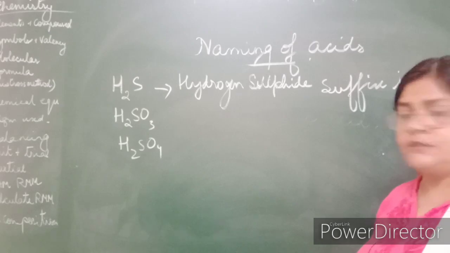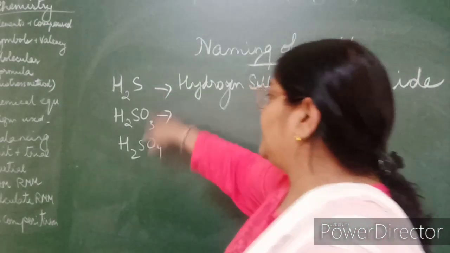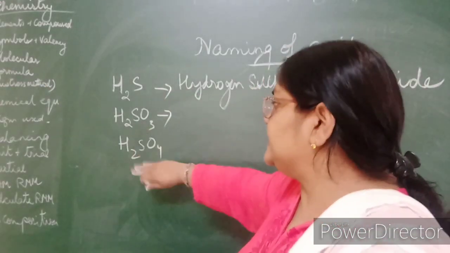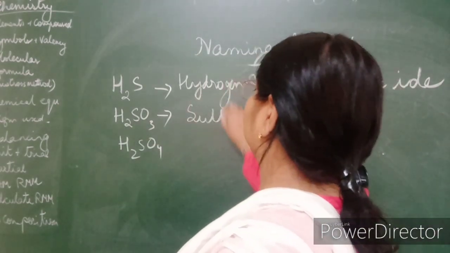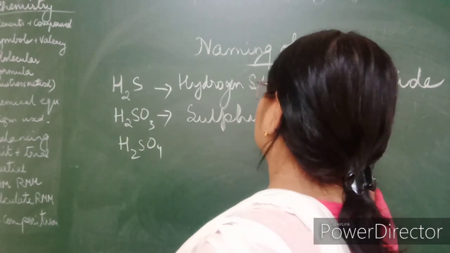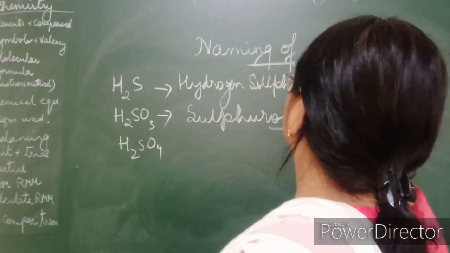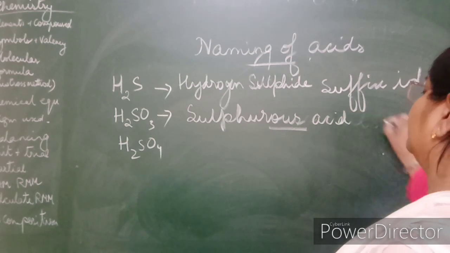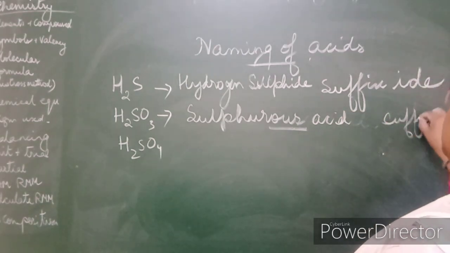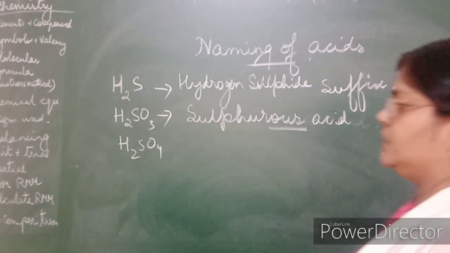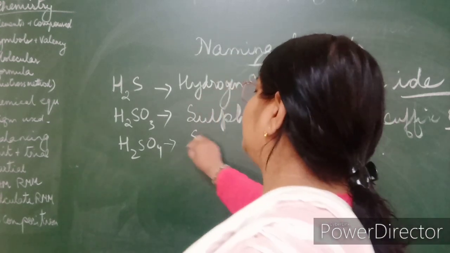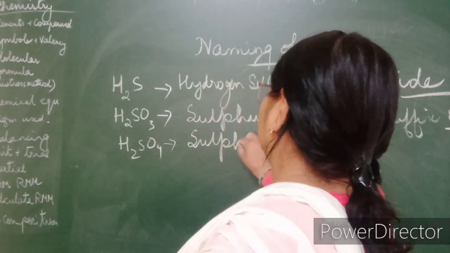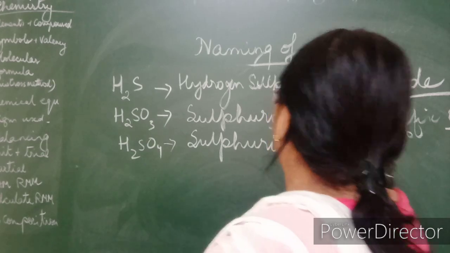Next, the one with comparatively lesser oxygen is named sulfurous acid. For the lesser oxygen, the suffix ous is used. If the oxygen is more, then the acid is named sulfuric acid.